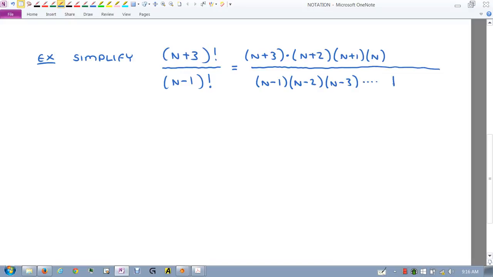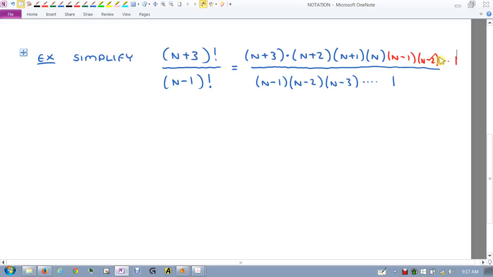Yes? Now, up top, I stopped at n, but I would need to keep going here, right? So I would need to continue here. What would be the next thing I write? N minus 1, and then times, take away 1 again, n minus 2, and I keep going until I get to 1, right? N minus 3, until I get to 1.